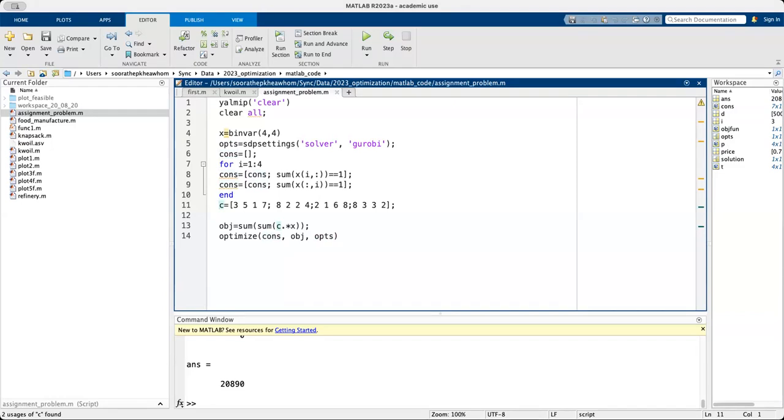And we set the objective function obj as the sum of C dot star x. C dot star x means it's not C times x, but C times x element by element.